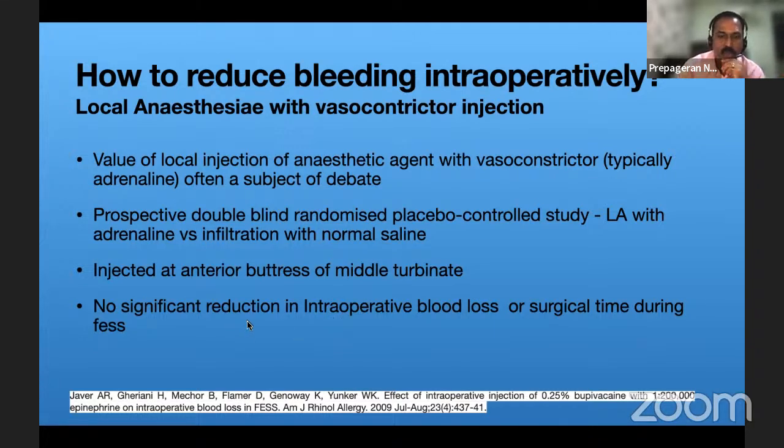The verdict: no significant reduction in intraoperative blood loss or surgical time. Interesting. I would have thought it actually reduces, but it does not. There's no significant reduction whether you use adrenaline or normal saline injected to the anterior buttress of the middle turbinate. But I'm sure there'll be a lot of surgeons who will disagree with this.